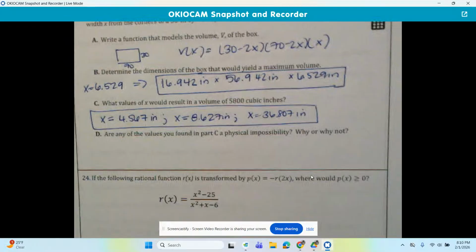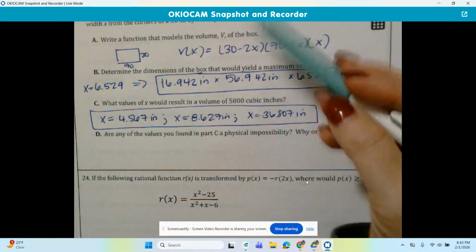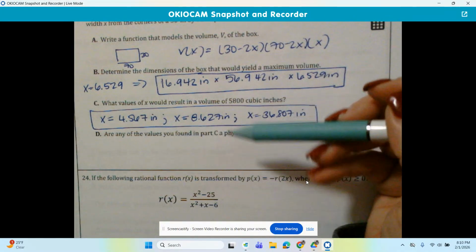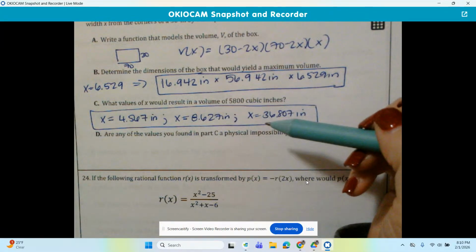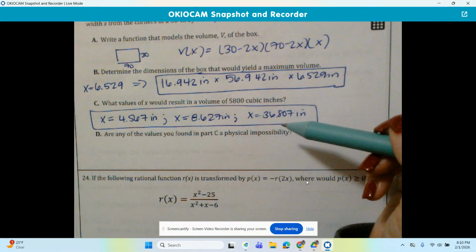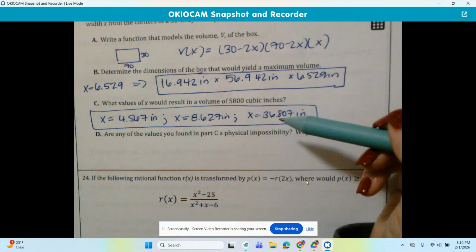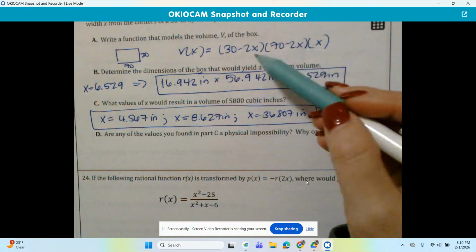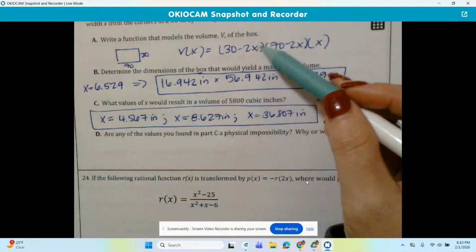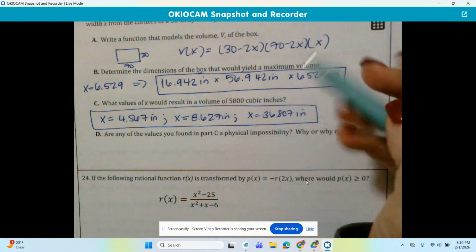All right, are there any values that you found in part C that are physically impossible? Why or why not? Okay, well, let's talk about it. We know we didn't actually ask you to find the domain here. All right, but if you have a value of x equaling 36, right here. Okay, if I plug in 36 right here, 30 minus 2 times 36 is going to give me a negative value.